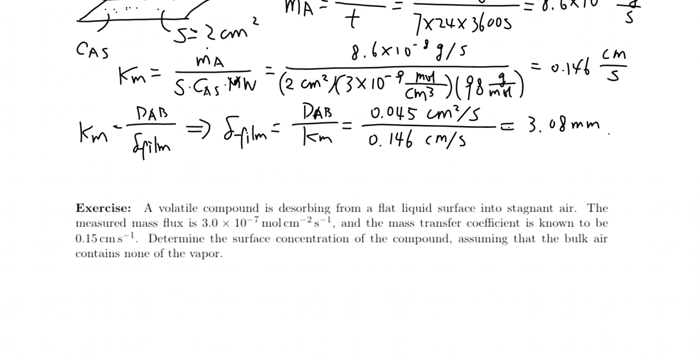The measured mass transfer flux is given, and the mass transfer coefficient is also given. It asks you to determine the surface concentration of the compound, assuming that the bulk air contains none of the vapor.